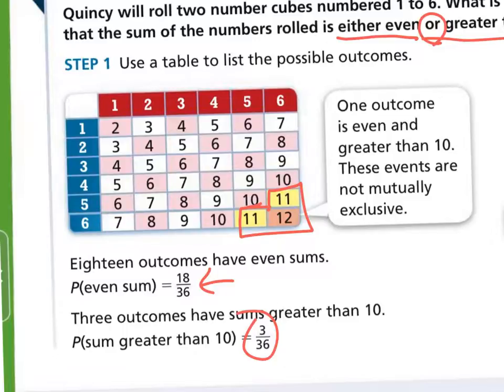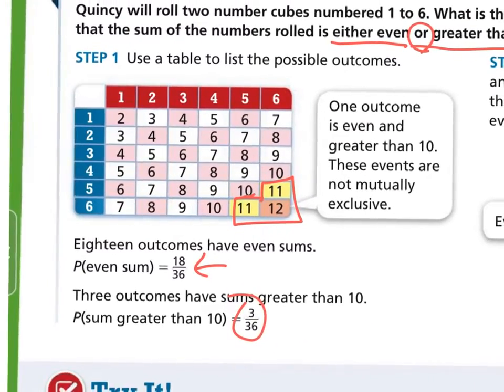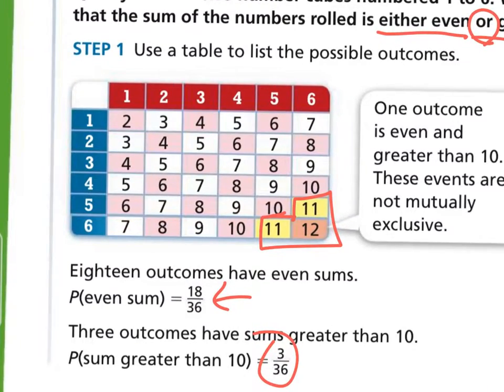Another way of doing that, rather than worrying about subtracting that out, is we could just count all of our different possibilities. So, shade or circle all the different ones that would work. So, we've got a 2, 4, 6, 4, 6, 8, and so on.